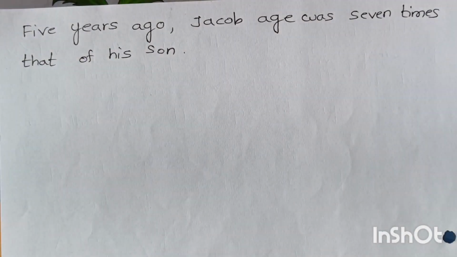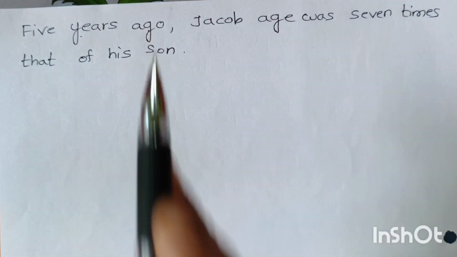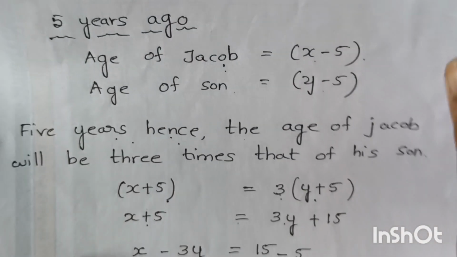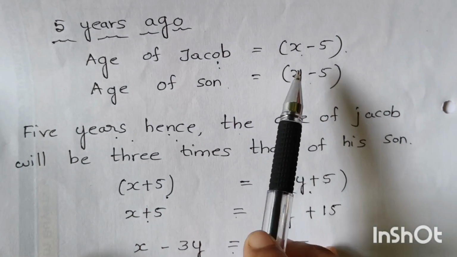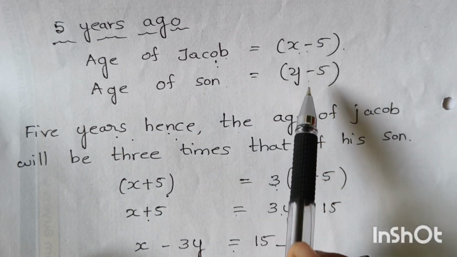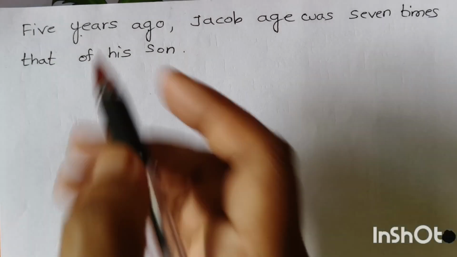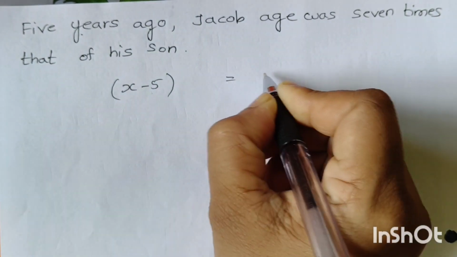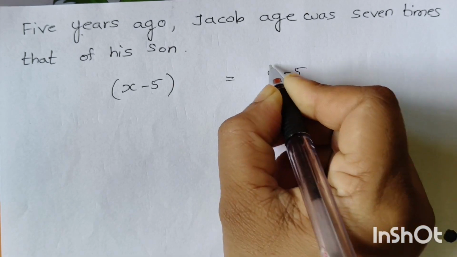First let us write 5 years ago. What will be Jacob's age? Here already we have written 5 years ago Jacob's age will be x minus 5 and his son's age is y minus 5. So first let us write that, x minus 5 is equal to 7 times y minus 5.